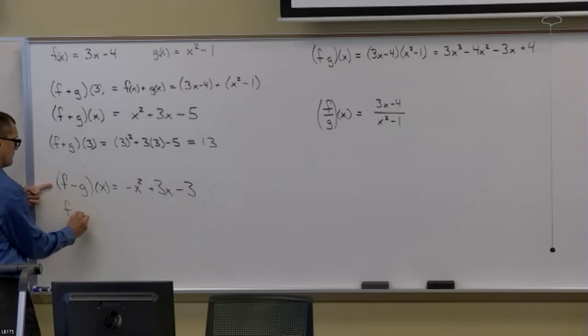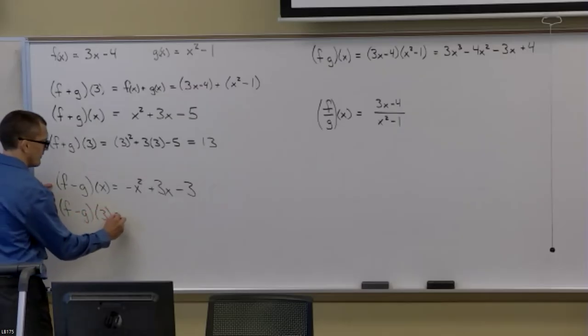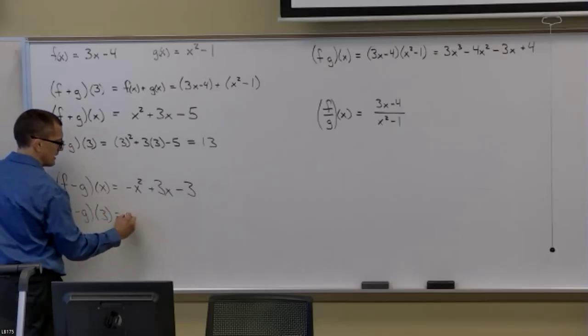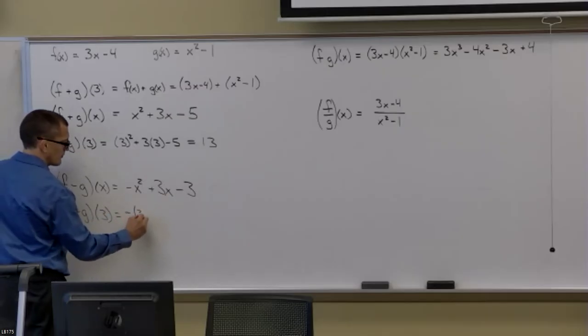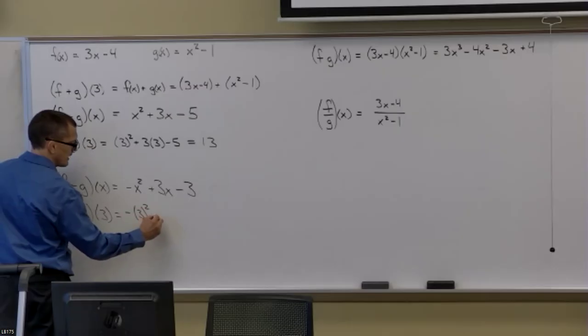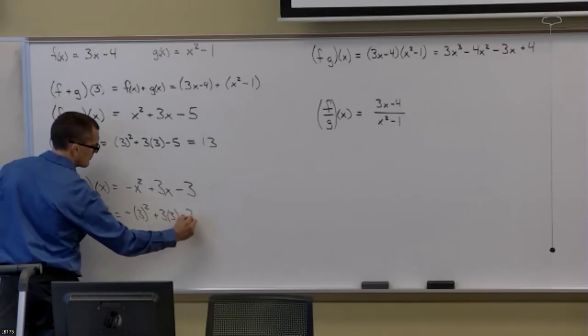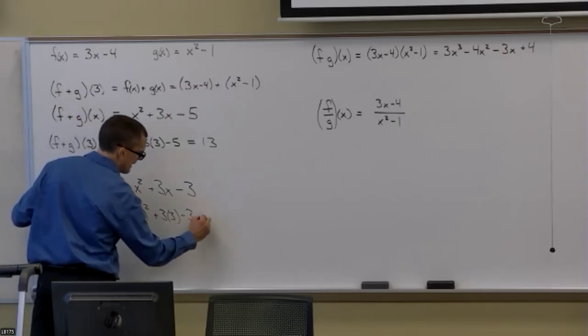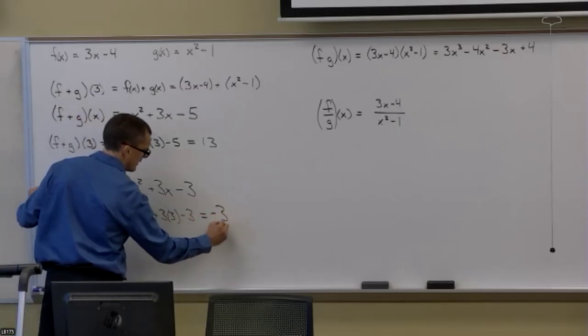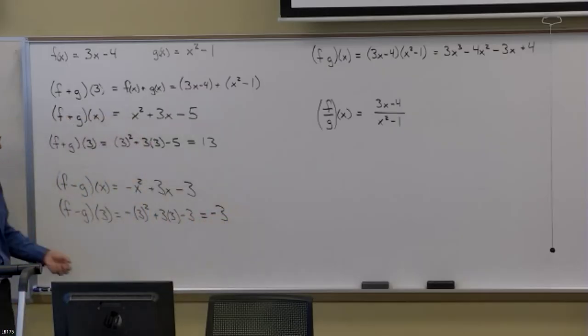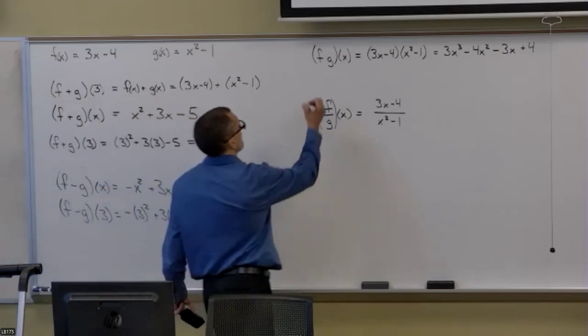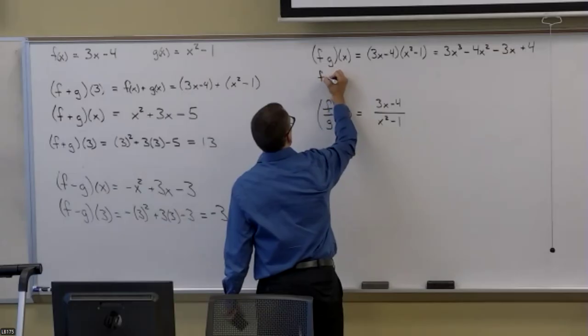I could do the same thing here. F minus g of 3. And plug it into this expression, negative 3 squared plus 3 times 3 minus 3. And that gives me out a negative 3. Okay. I'll go through all of them. F times g of 3.